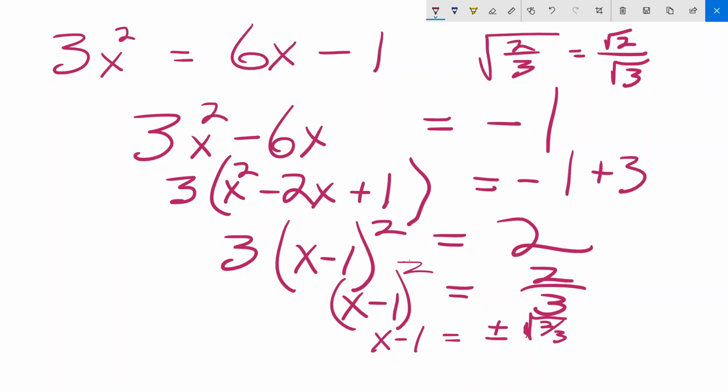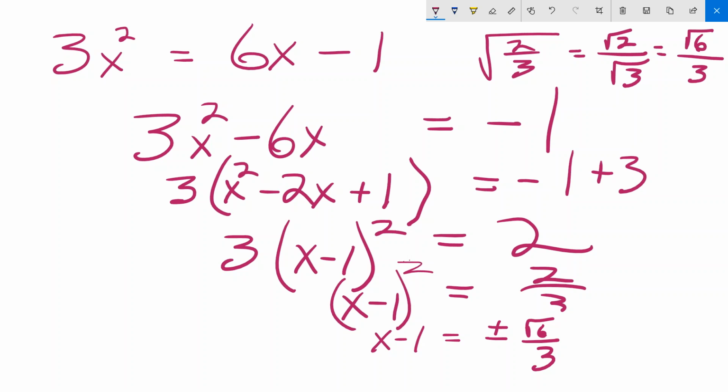But that's irrational, so how can I rationalize that? Then you can multiply square root 3 by the numerator and denominator. So that gives me square root of 6 over 3. So what I've written down there is actually square root of 6 over 3. Let's change it to that. Okay. Square root of 6 over 3.